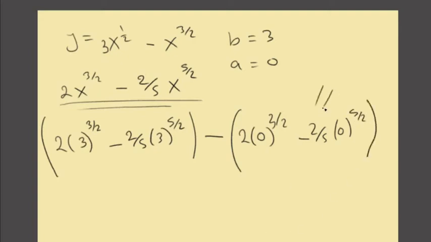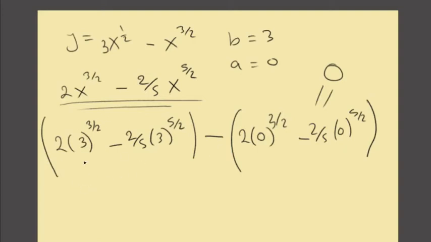Now we know straight away this will equal 0. But if it wasn't 0, you could just put the whole thing into your calculator and it should give you the answer, or do it one by one. Now that we know this is equal to 0, let's do this one.